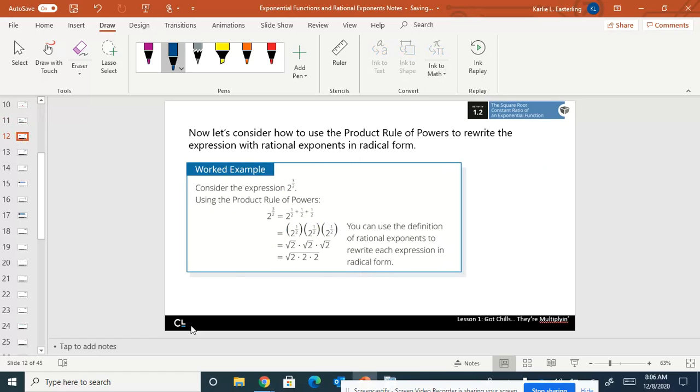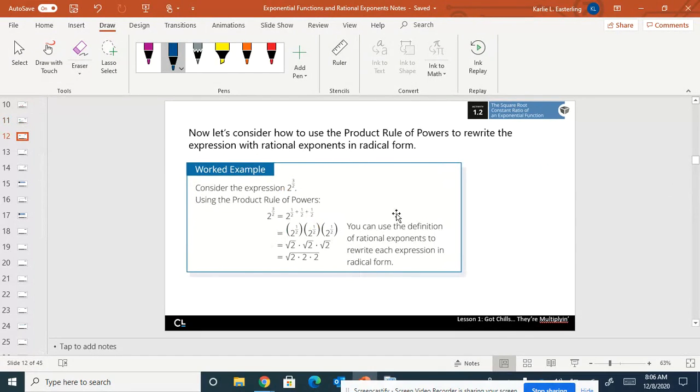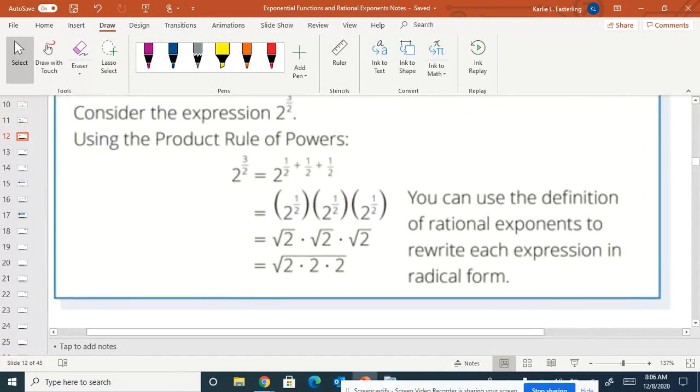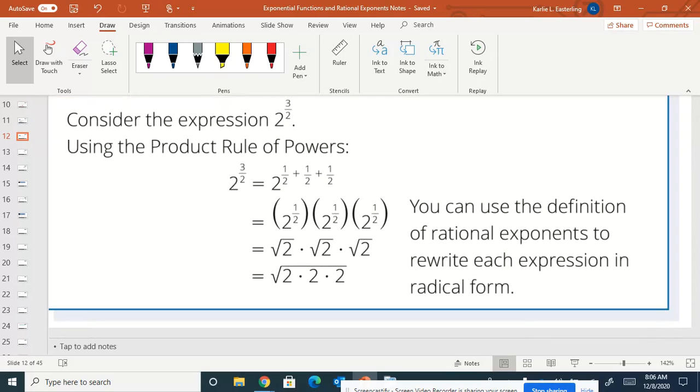All right. Here's another worked example, and it's another way that you can go about writing it. They're using the product rule here. Does it say what rule we used back here? No, but this is showing you with the product rule. We're still looking at 2 to the 3/2 power.